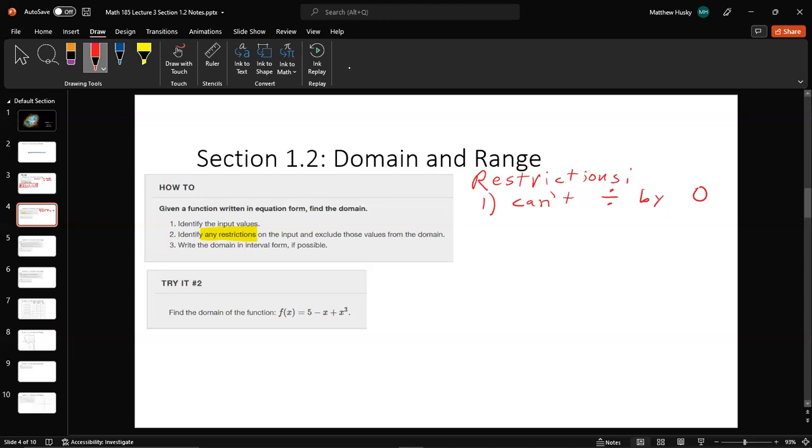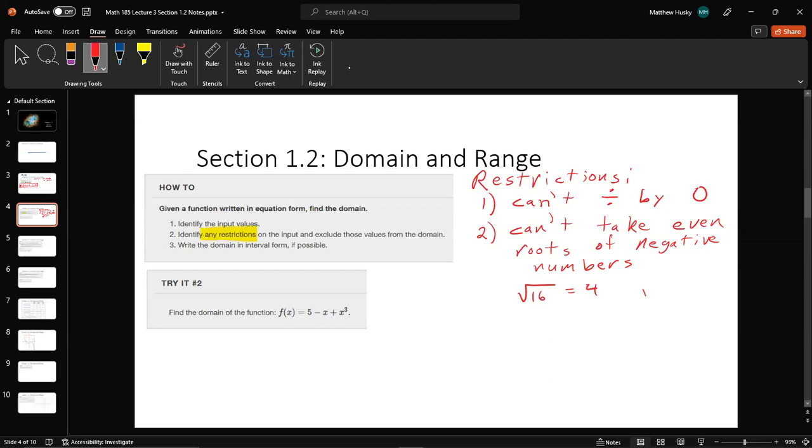The other big no-no is you can't take even roots of negative numbers. So for instance, I can square root 16, and that just equals the number 4.